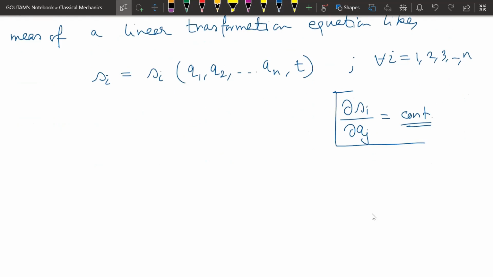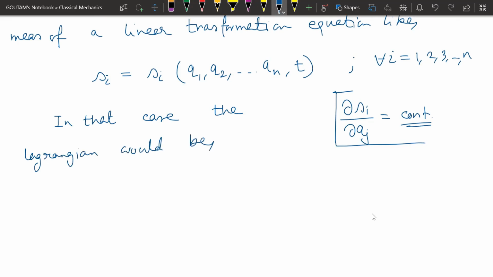So in that case, the Lagrangian would be L tilde of s, s dot, t.